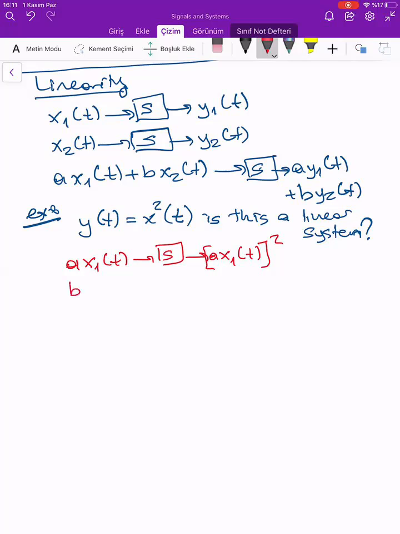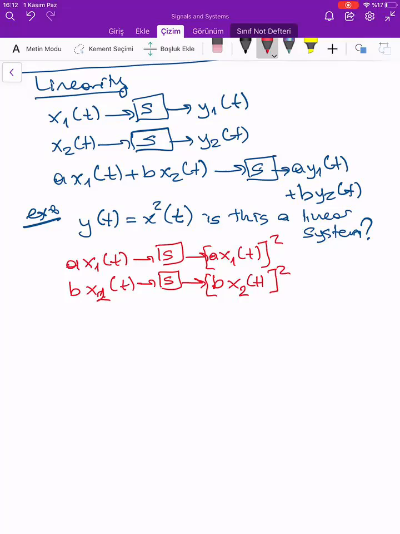If my input is b x2 of t, and I give this to my system, the output will be the square of this.